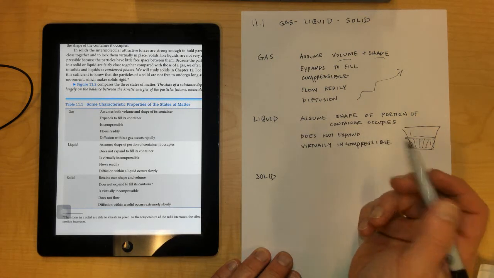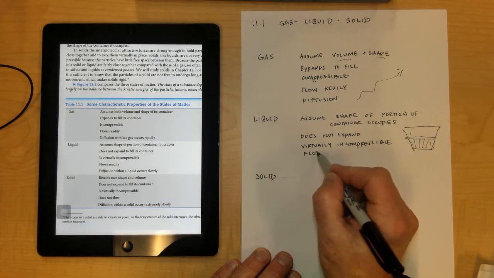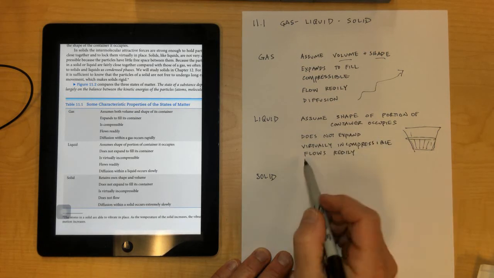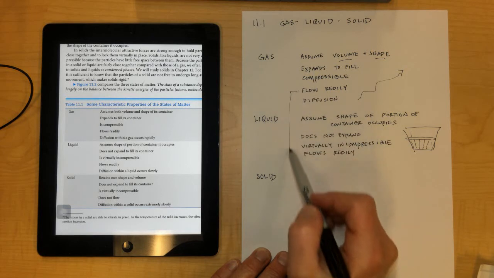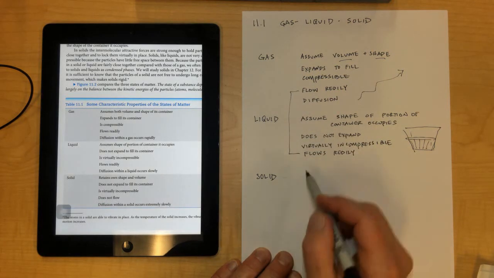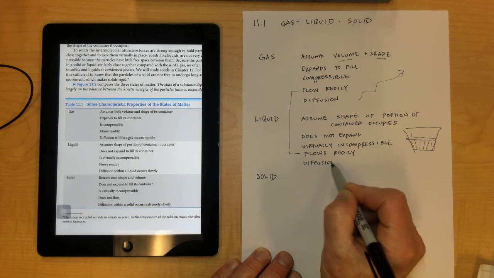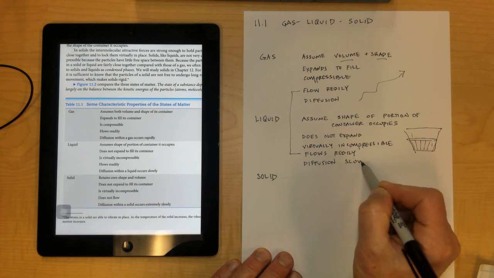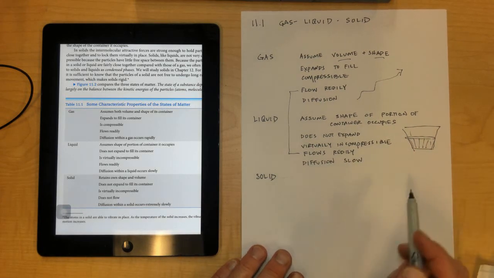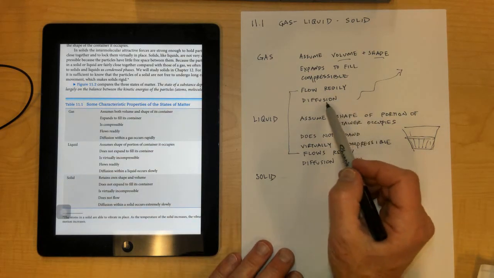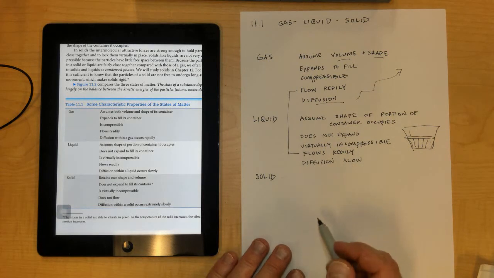Mostly, it flows readily. And so you can see that it has some good things in common with gases. And then diffusion occurs slowly. So mix two liquids together, they will diffuse in and amongst each other, but it's not nearly as fast as diffusion in gases.